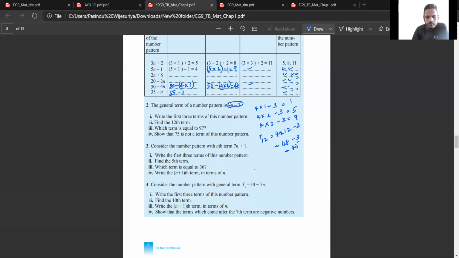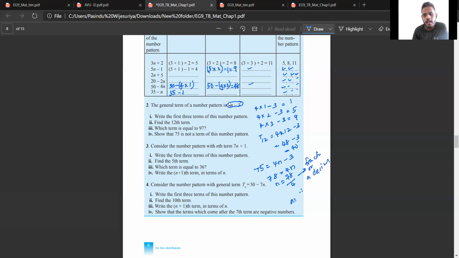So 75 is 4n minus 3, so 4n equals 78, n equals 78 divided by 4, and it is not a perfect division. This will give a fraction or a decimal.